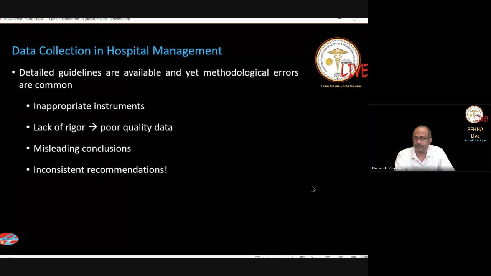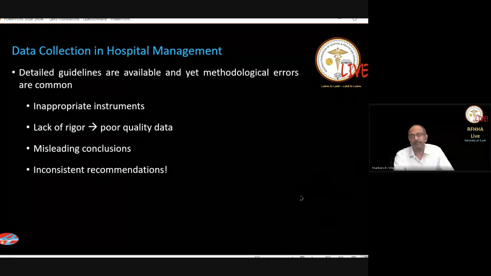A couple of modules I take for them. So when I am evaluating the projects that the students have made, a large number of projects are based on questionnaires, but hardly any. In fact, in the last 2 years, if I can recollect, I have come across just one person who actually designed a questionnaire very, very well. He also tested the reliability and the validity of the questionnaire.